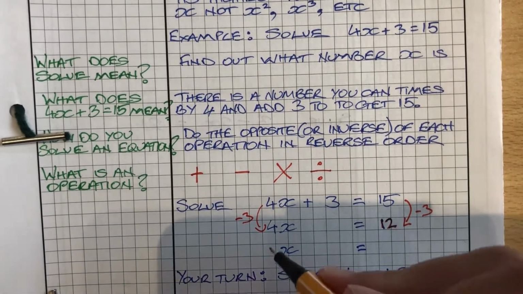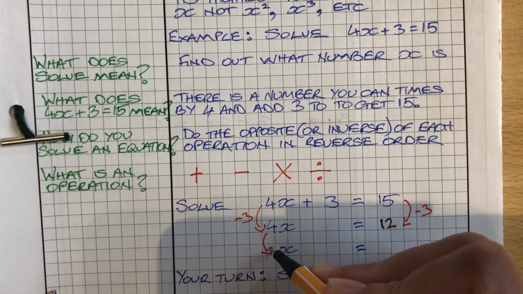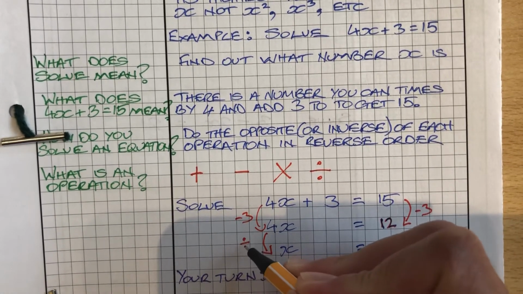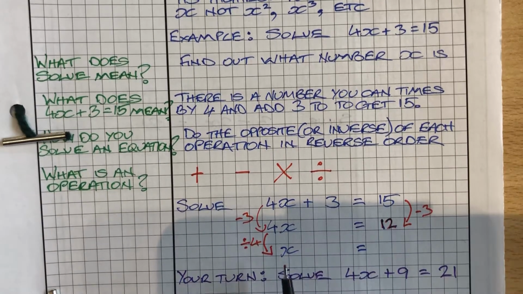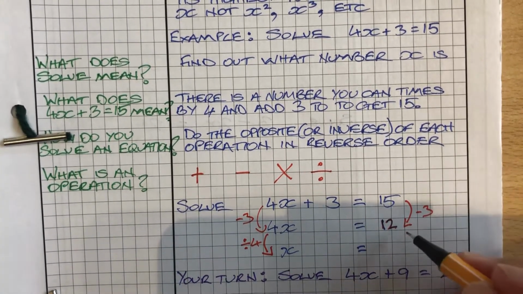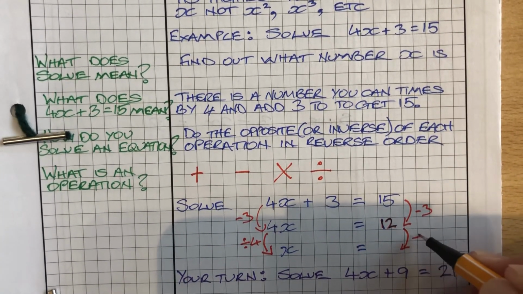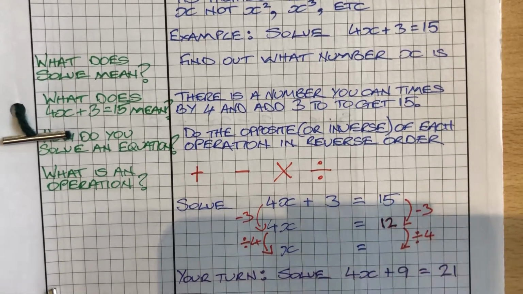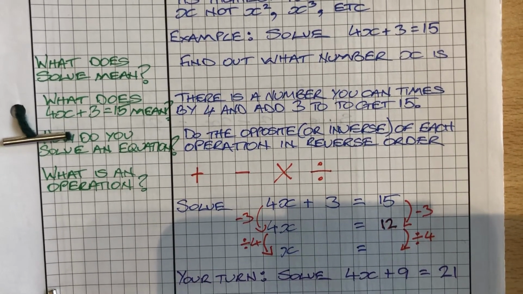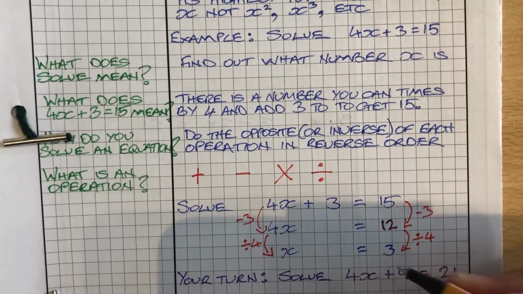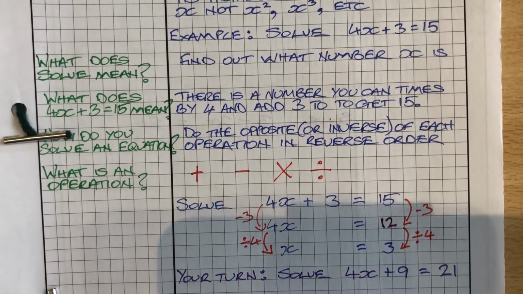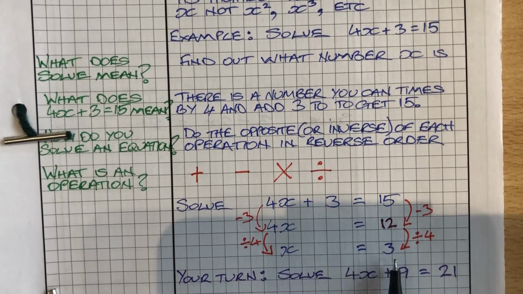How do I do that? I do the inverse of times by 4. I divide by 4 on this side, which means I also divide by 4 on this side. And that gives me 3. x equals 3. My number is 3.